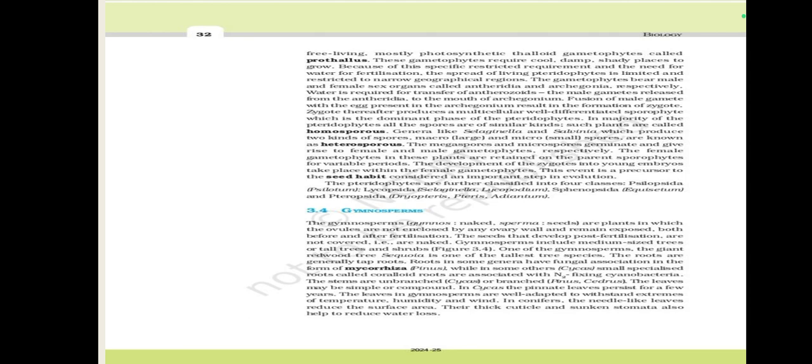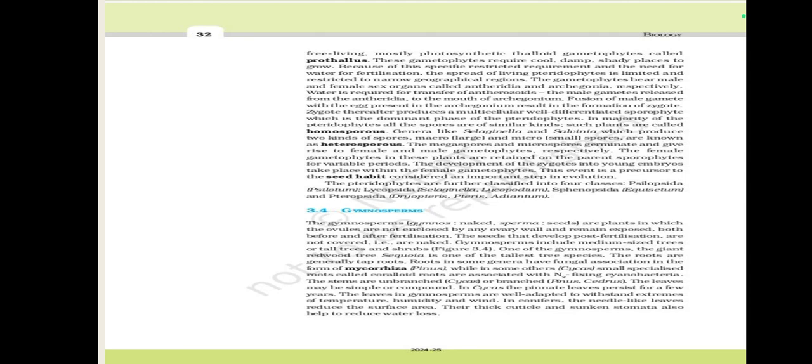Figure 3.4 shows some of the gymnosperms. The giant redwood tree, Sequoia, is one of the tallest tree species.